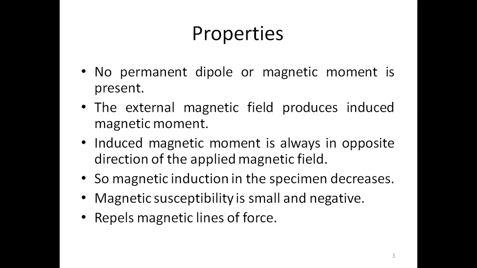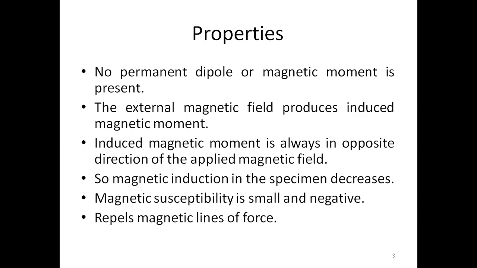Because if you don't find a magnetic moment present in a given material, even if you apply an external magnetic field, the field will induce only a very small amount of magnetism in it. The susceptibility value is very small and negative.